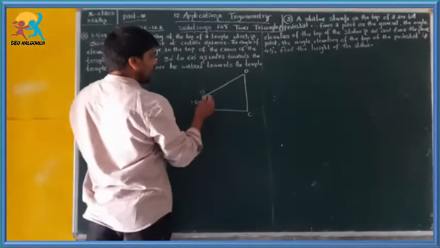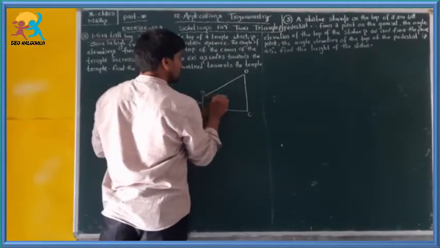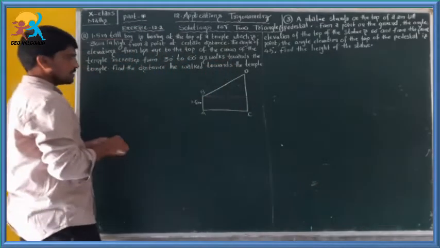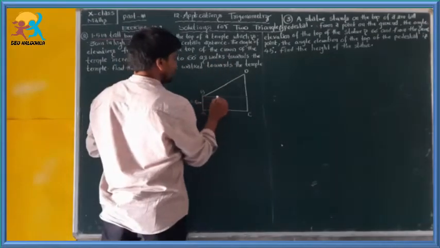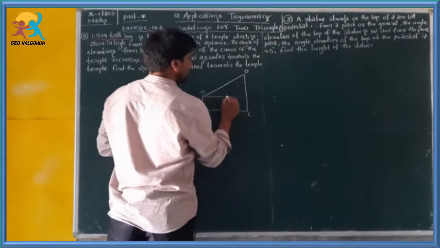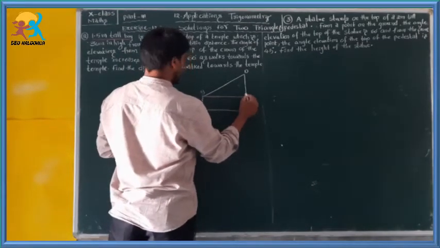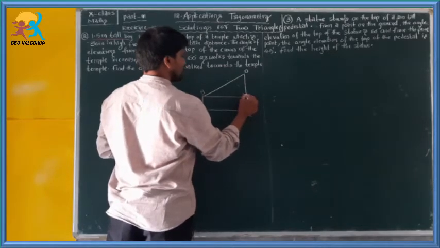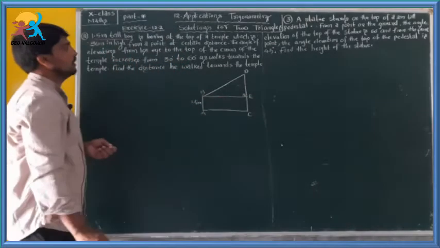And consider a horizontal through the eyes of the boy. Let us denote this point by E, which is on the perpendicular CD, right.